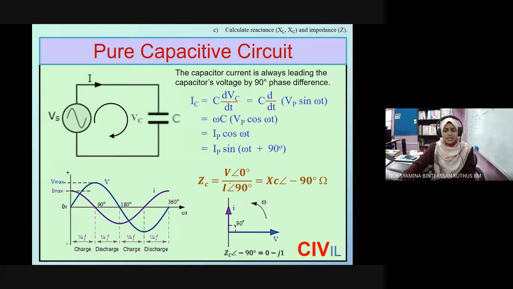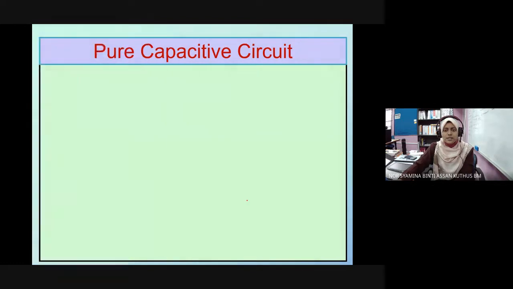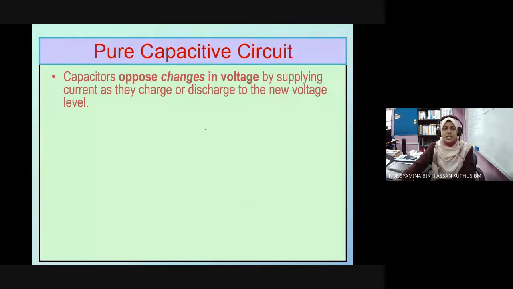Okay, so dekat sini in phasor diagram, dalam capacitive circuit, current leads the voltage. Tak kena cek balik inductance tadi. Okay, so capacitor opposes changes in voltage by supplying current as it discharges.